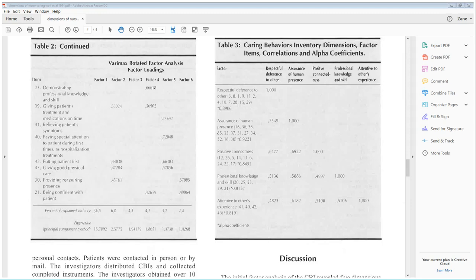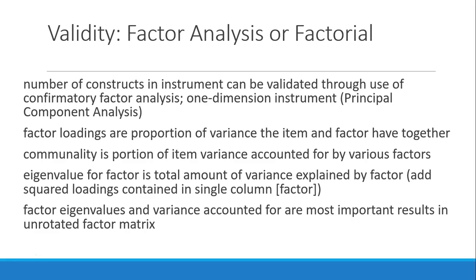You can see the variance explained toward the lower left hand side and the eigenvalues, which were high. Anything that's 1 and above is considered a good eigenvalue. And then you can see on the right hand side the correlations among each of the subscales with each other. So you can look that article up if you wish.